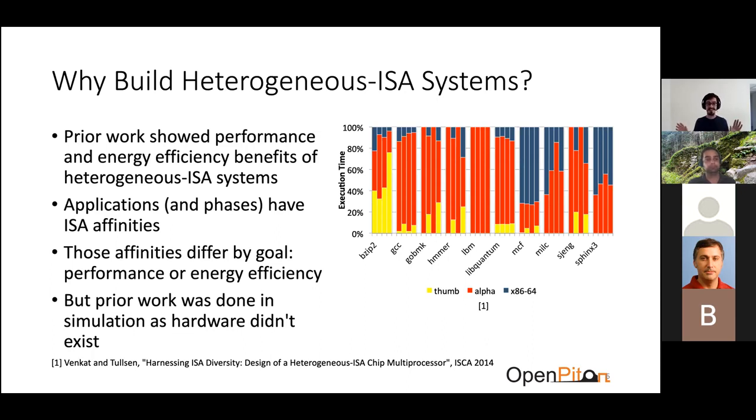I presented it to my students in my advanced architecture class today, and they specifically call out that these ISAs have certain features and we see benefits for particular applications with respect to those features. And this is the magnitude of the gain that you might get if you built some sort of heterogeneous ISA system.